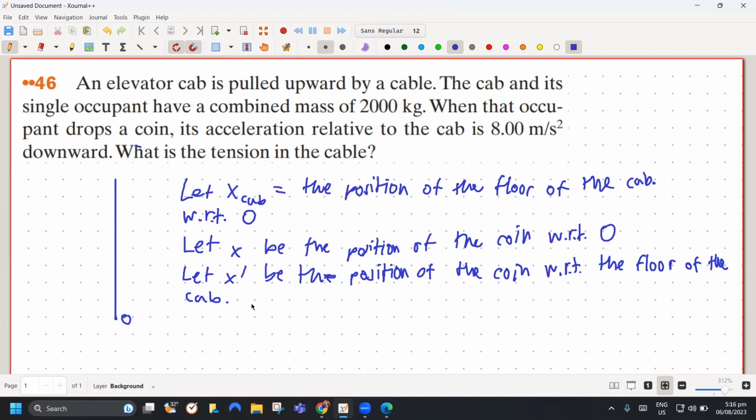So on your diagram, first i-mark mo muna yung arrow from O to the floor of the cab. So sa diagram mo, draw an arrow to represent X cab.